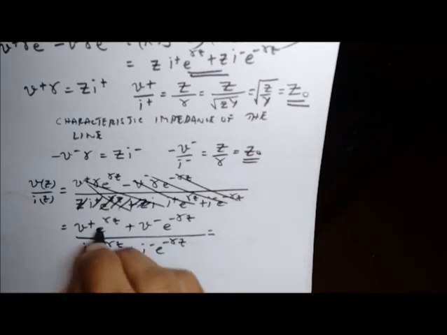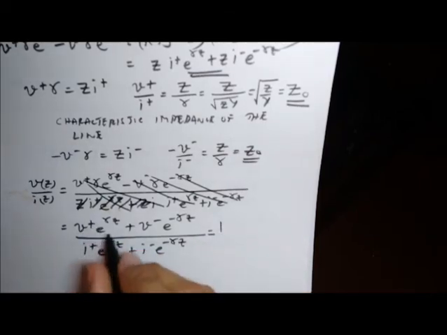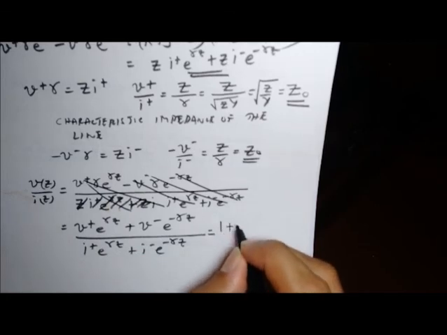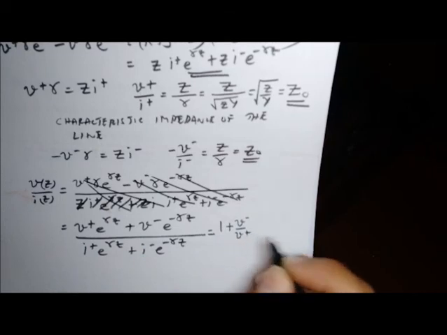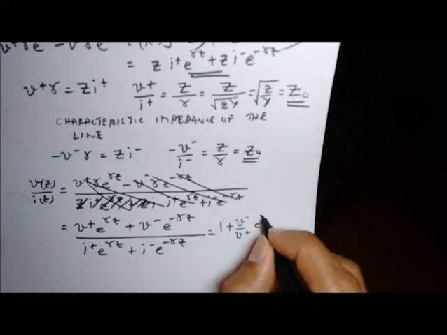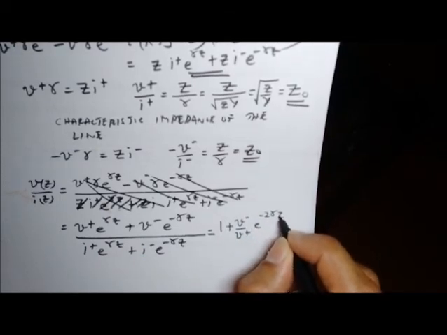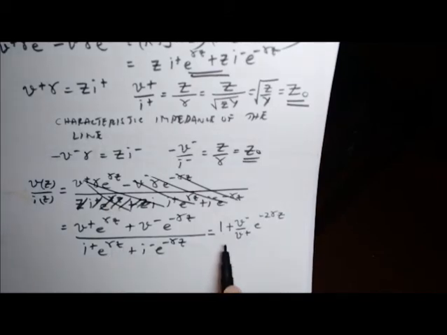When I do that, I get V plus e power gamma Z divided by V plus e power gamma Z, which is 1, plus V minus by V plus e power minus 2 gamma Z. This is the result of dividing both terms in the numerator by V plus e power gamma Z. Similarly, I have to divide both terms in the denominator by the same to maintain the ratio.